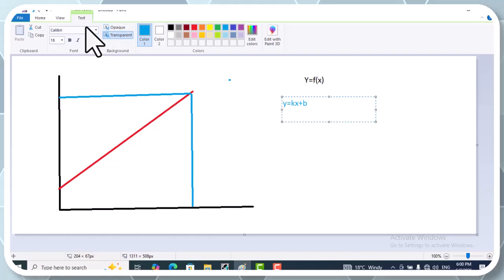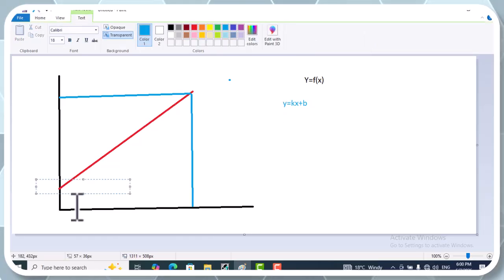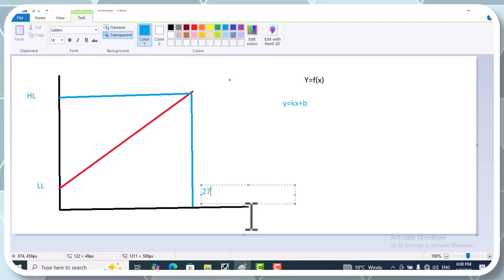So in these graphs we use a low value which is not zero, but zero for signals. For example, you can use 4 to 20 milliamps, and here is our high level, and we use the same value as in the previous lesson, 27,648.